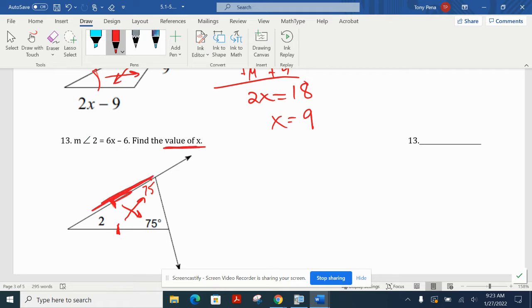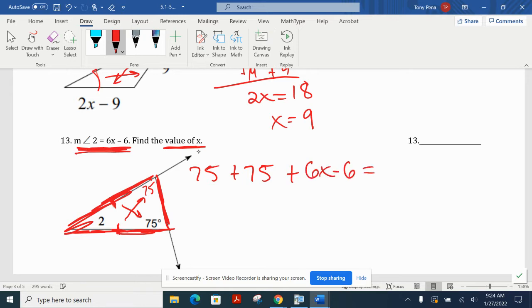This now brings us to, for the first time today, probably the one we've dealt with the most in this module, the idea that within a triangle, all those angles have to add up to be 180. So we now just take 75 plus 75 plus this angle 2. You are told what angle 2 is. We add all of those up, and they have to equal 180.